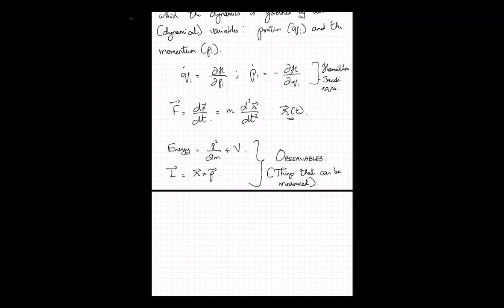Now, if there is no net force acting on the object, I can derive that the total energy of the particle will be conserved. If there is no net torque acting on the object, I can derive that the total angular momentum of the object is conserved. If there is momentum conservation, I can also deduce that there is a symmetry behind this momentum conservation called translational symmetry.